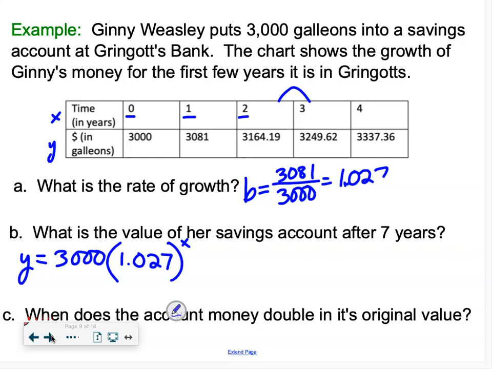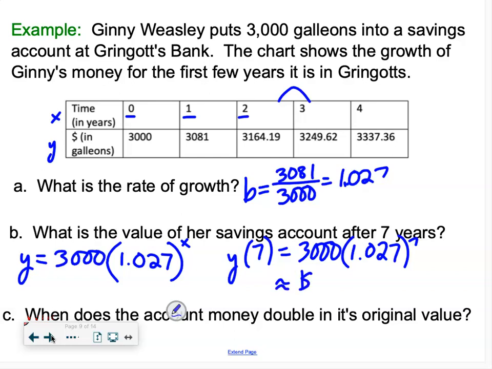So if I want the amount in the savings account after 7 years, I would have 3,000 times 1.027 to the 7th. And she would have, after 7 years, around $3,615.05.